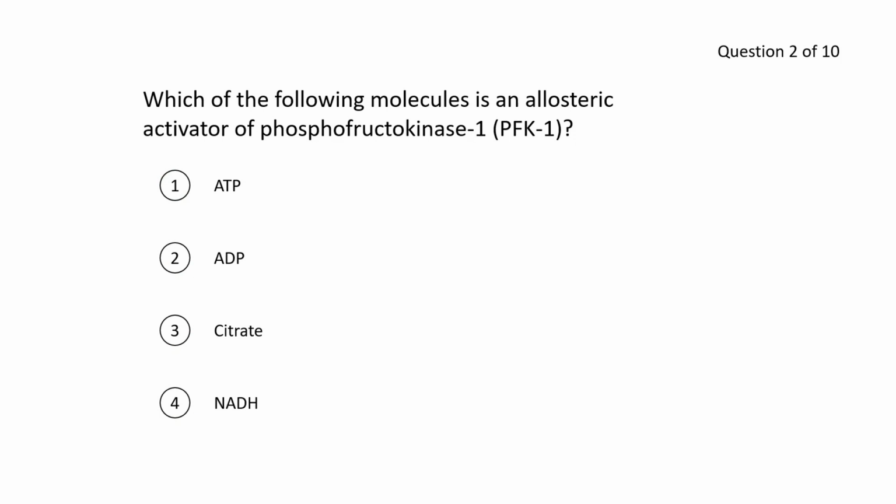So it means Krebs is active and you don't want to produce any more pyruvate because you have too much. And ATP works in a similar way, because if you have a lot of energy, you want to inhibit PFK1. So therefore the answer should be ADP or AMP if it was here, but in this case it's 2, ADP.